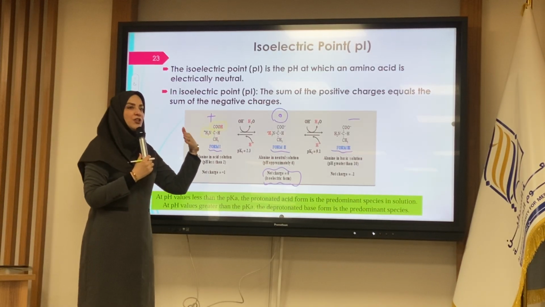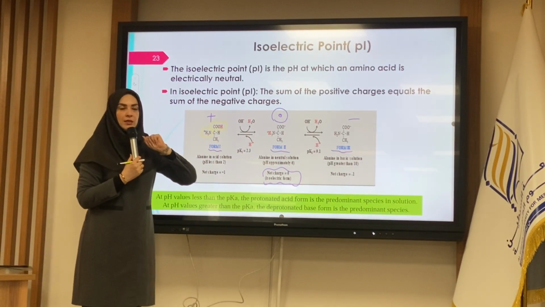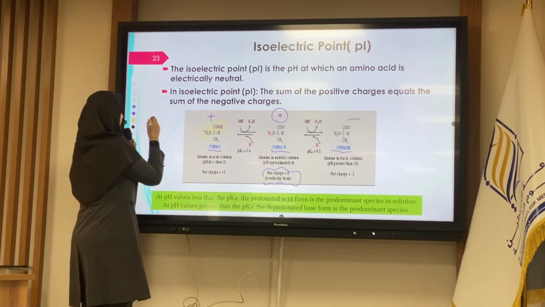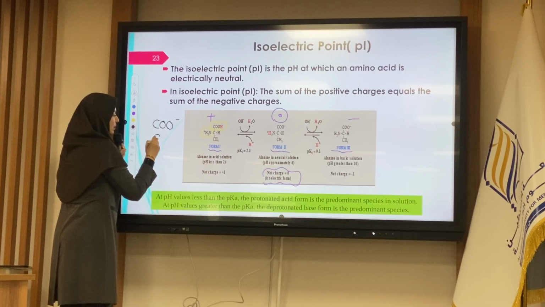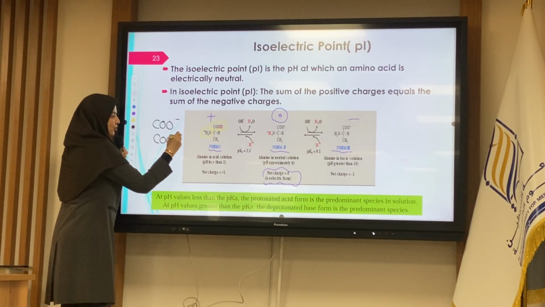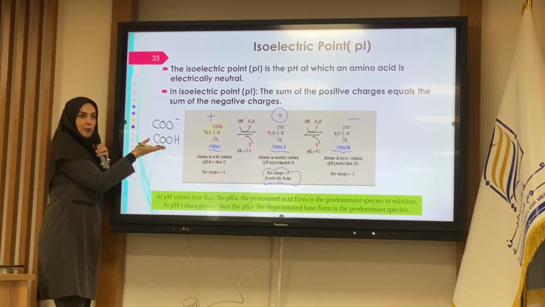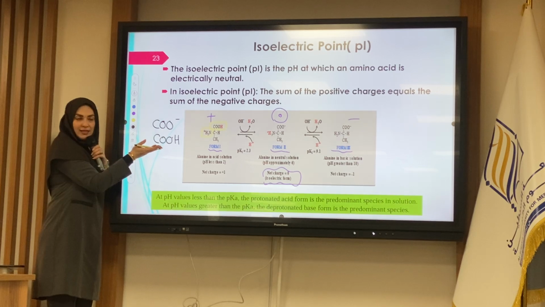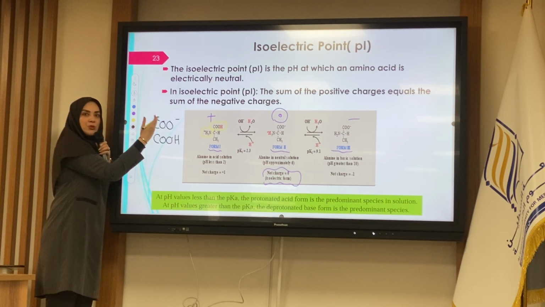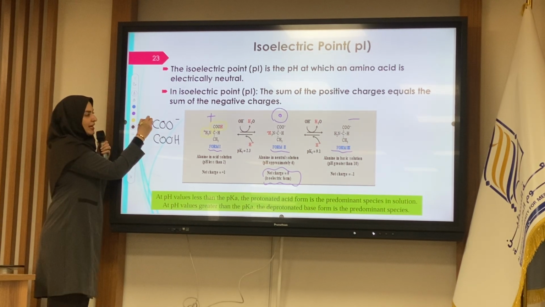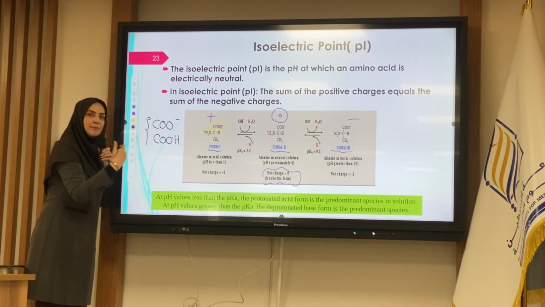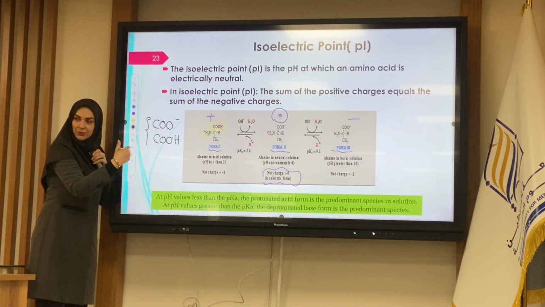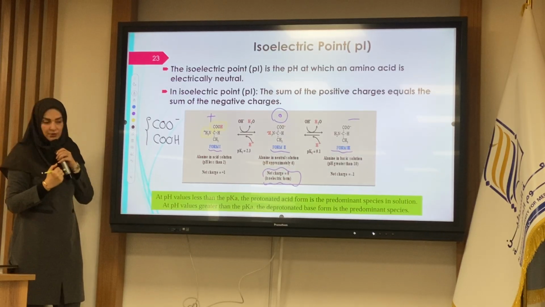Carboxyl is an ionizable group because it can be present as COO minus or COOH. This is the protonated form, this is the deprotonated form. So carboxyl is an ionizable group that can release a proton and take a proton.